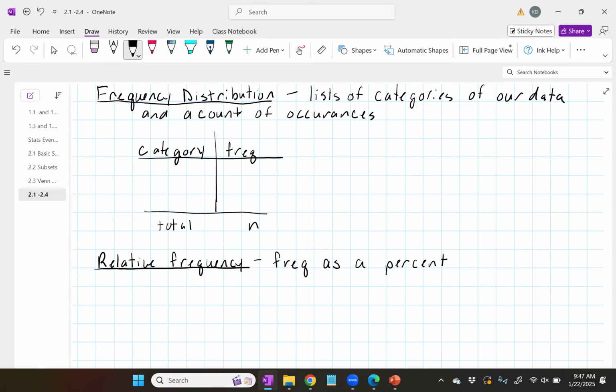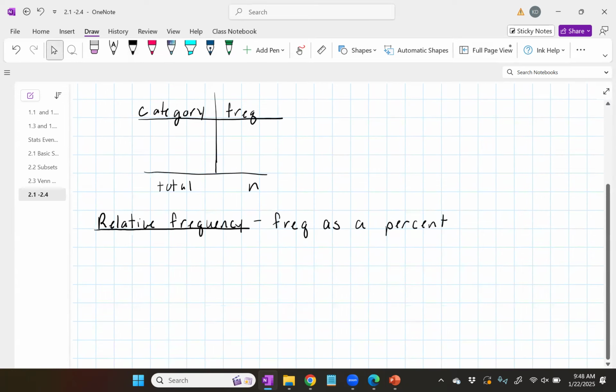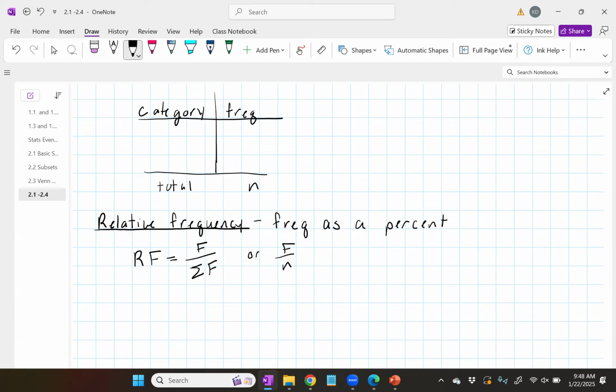So we take each frequency category and divide it by the total of our frequency. So I like to say relative frequency equals the frequency of that category over the total number, or the category frequency over our n. I don't think we've talked about sigma notation.